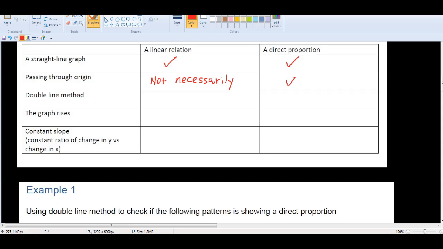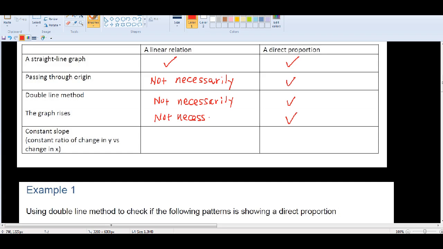Double line method. Still remember the double line method? That means if one quantity is increased by 5 times, for example, then the other quantity must be increased by 5 times as well. So for direct proportion, yes. But for linear relation, not necessarily. The graph rises for direct proportion, yes. For linear relation, not necessarily.